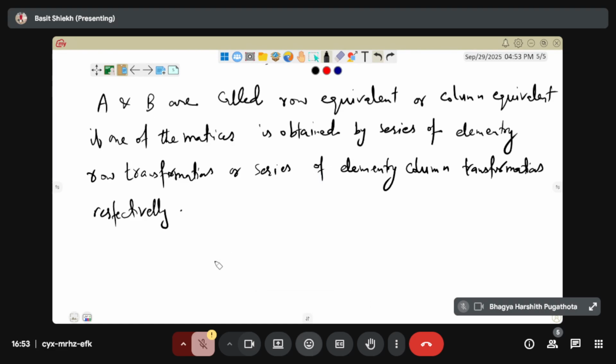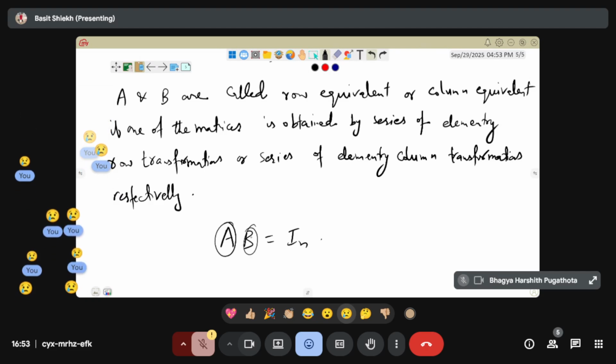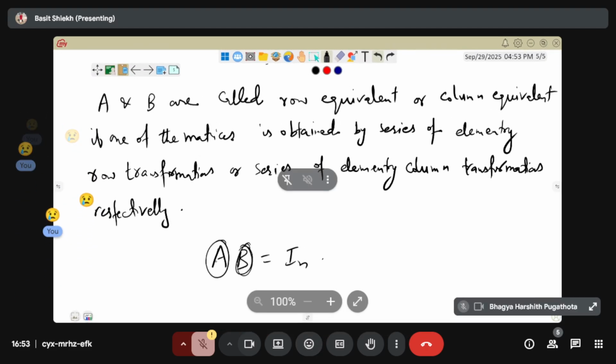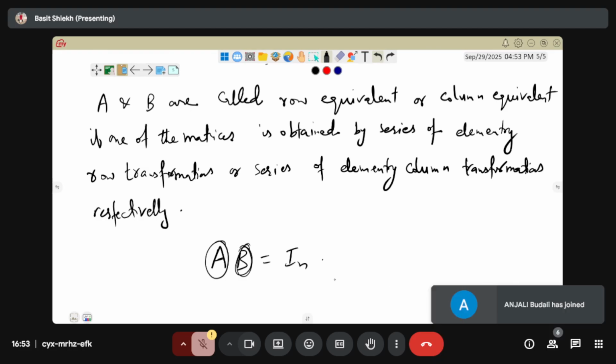Like we already know, if AB is equal to In, and we know one of the matrices, we can easily find the matrix B. The only thing is our matrix A must be non-singular.